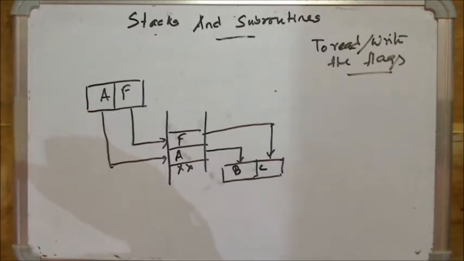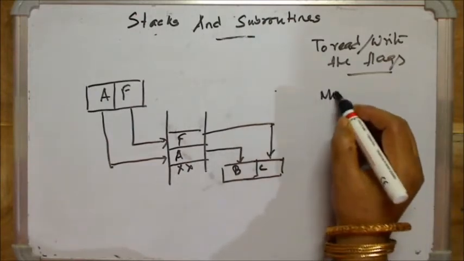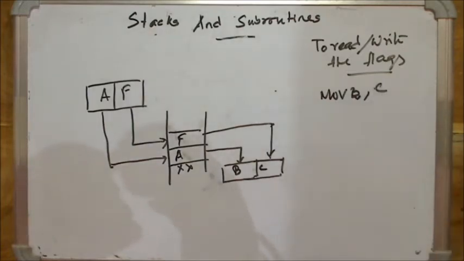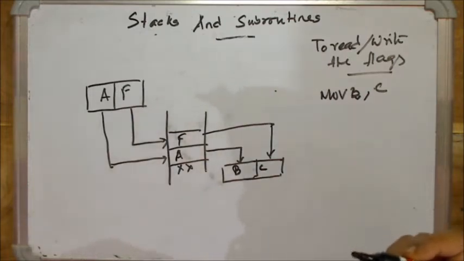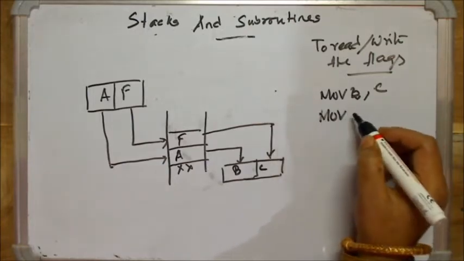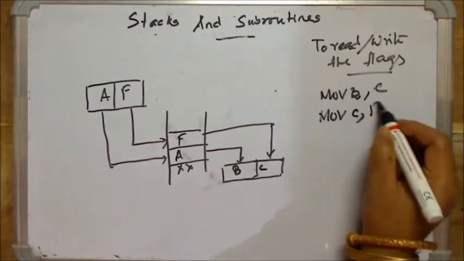Suppose I want the value of C register into B register. What will I write? I will write move B comma C, right? Now I want the value of F register into B register. I cannot do that directly. So should I write move C comma F?